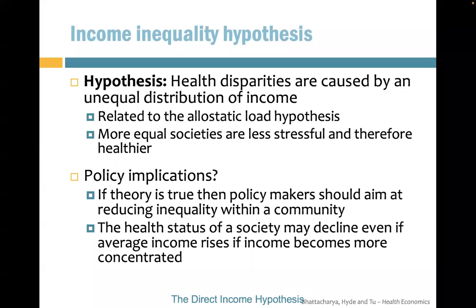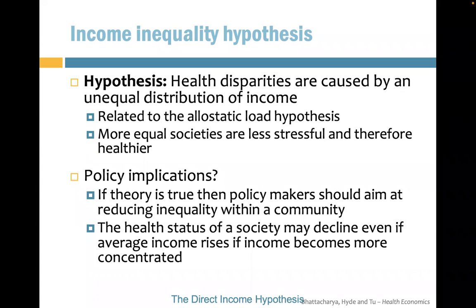We think of that society as a very stressful society. Okay, and so this is related to the allostatic load hypothesis, that if a society has a high inequality, then it leads to more stress for people who are in the lower parts of the income distribution, and therefore makes the society's health disparities persist.